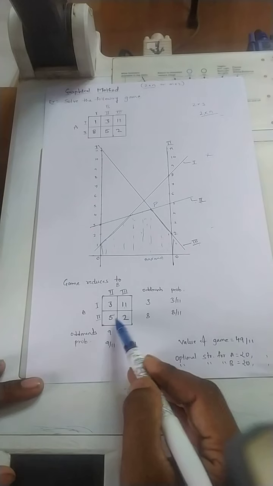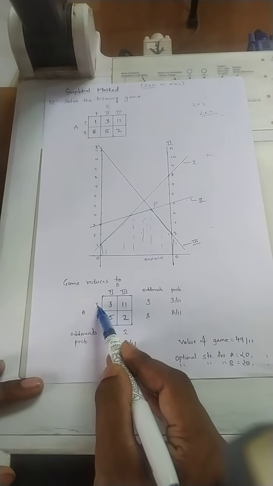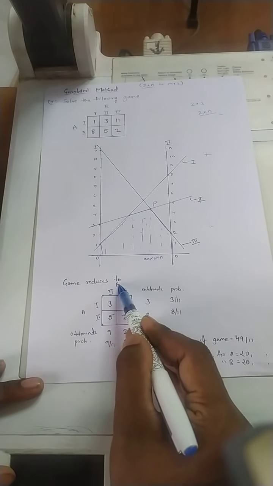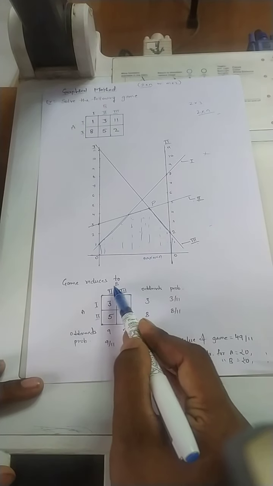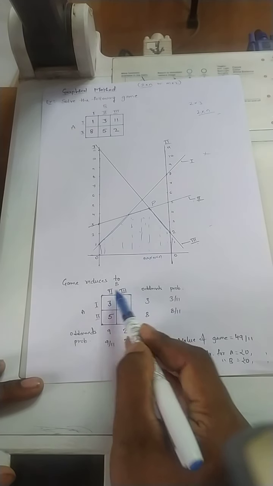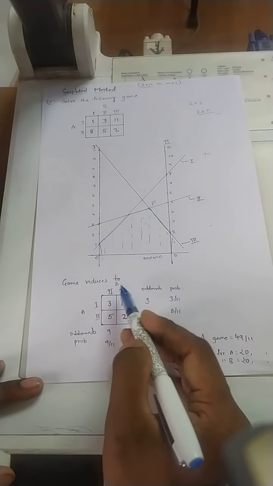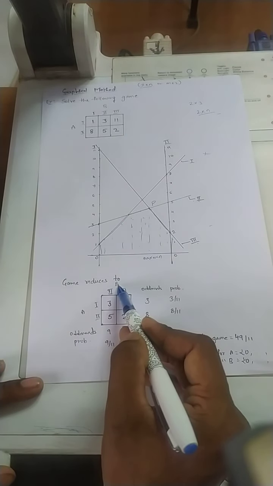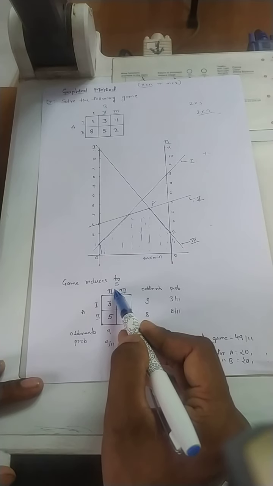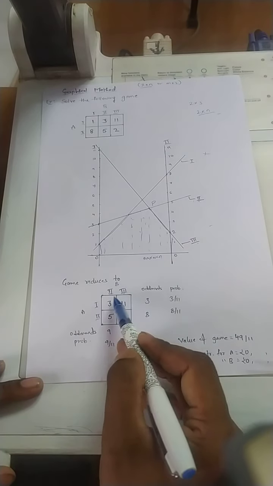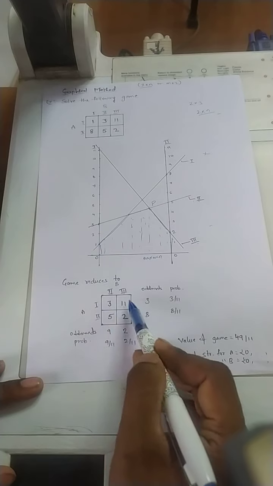Observe that for A we have 1 and 2 as before, but for B we have written 2 and 3 because the first strategy of B is eliminated, that is, the probability of using the first strategy is 0. So now this matrix has been reduced to 2 cross 2.